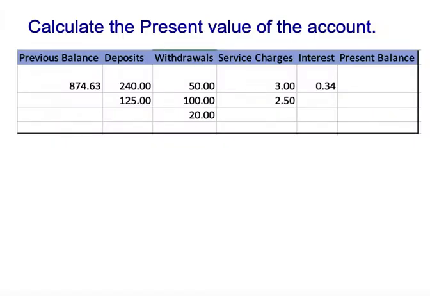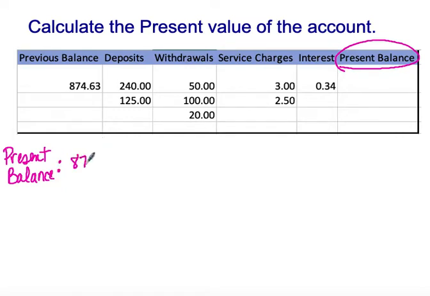So here's an example of a generic bank statement. This bank statement gives us a previous balance of $874.63. What we want to do is calculate the present balance. So the present balance on the account is going to start with the previous balance, $874.63.